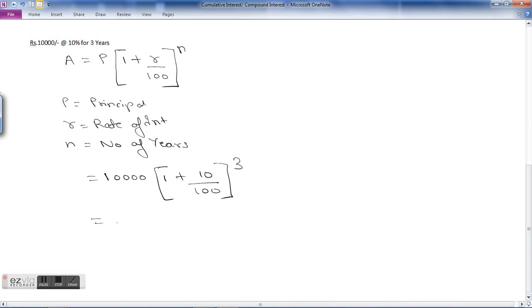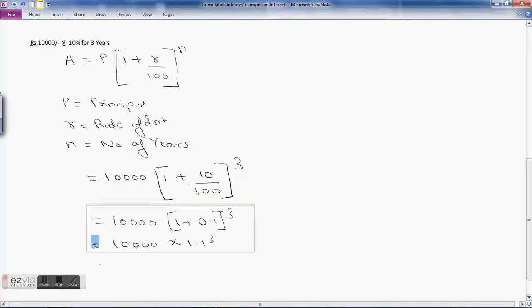Now let's see what amount we get as per the formula. So 10,000 into 1 plus 0.1, the whole raised to 3. That is 10,000 into 1.1, the whole raised to 3.